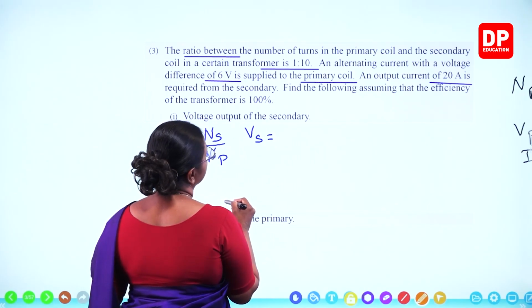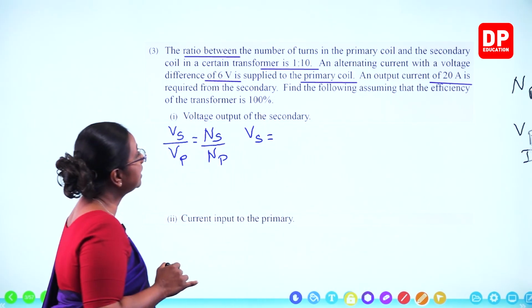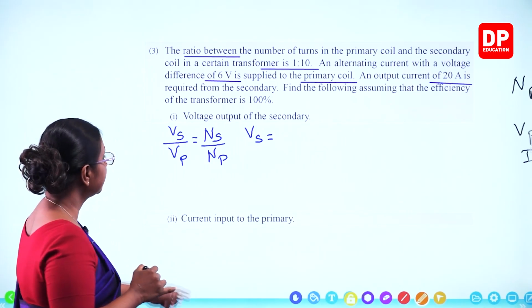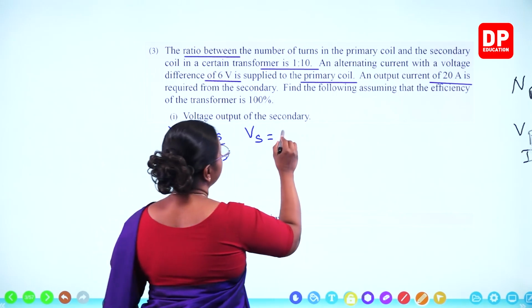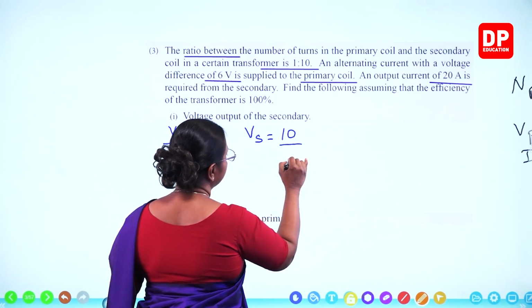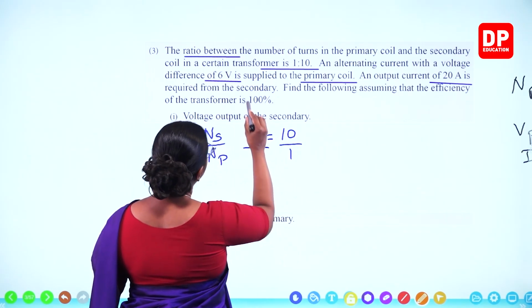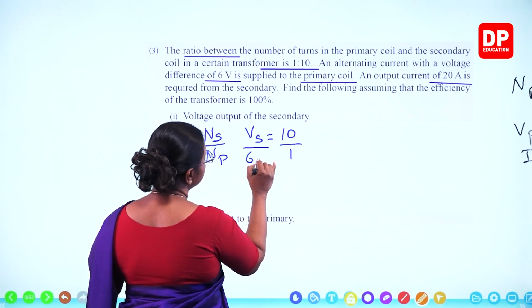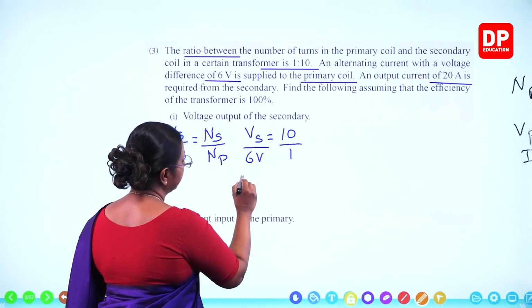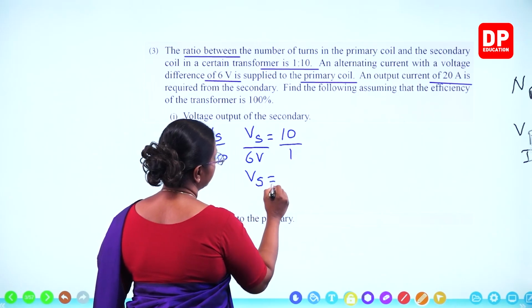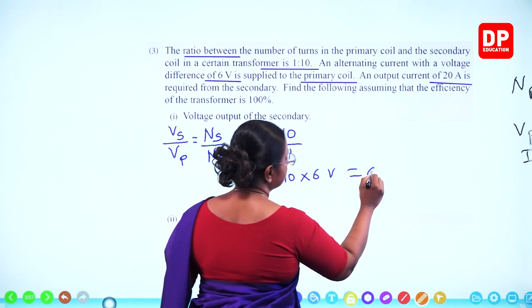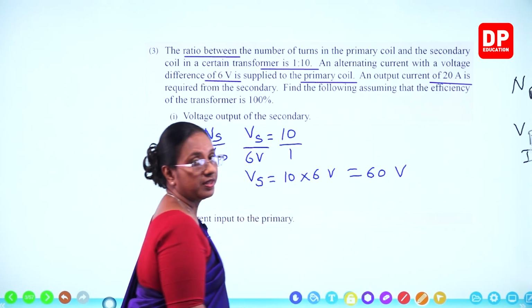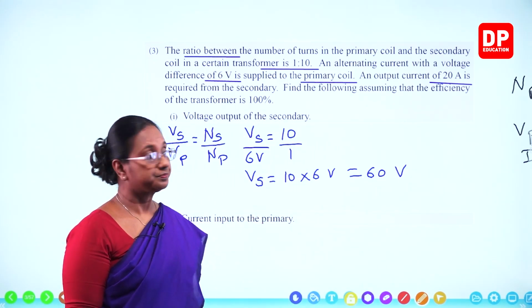Here the ratio is given to us, primary 1, secondary 10, so I will put it as 10 over 1. Here the input voltage is 6 volts. So that means V secondary is going to be 10 into 6 volts, that is 60 volts. Is that okay, student?